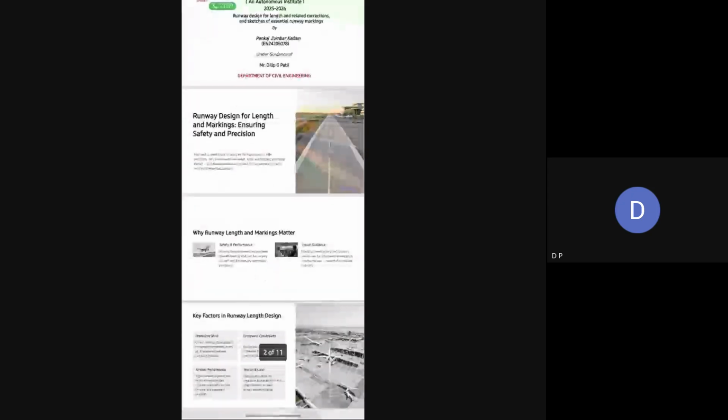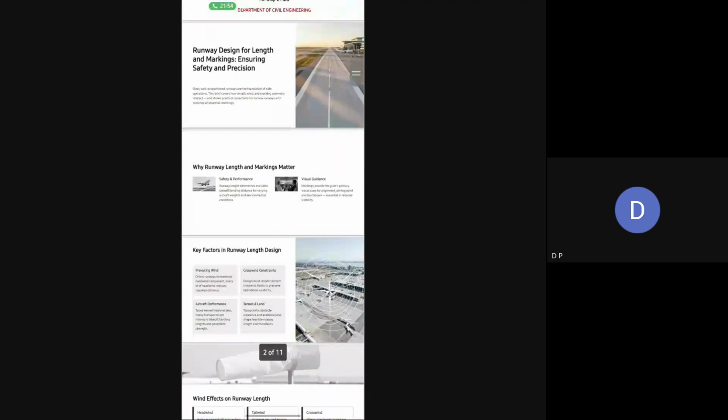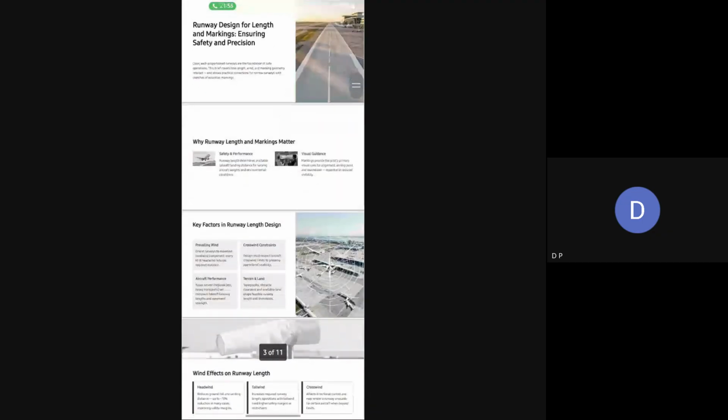Runways are the foundation of safe operation. This slide covers the lane, wind and marking geometry, and shows practical correction for narrow runways with sketches of essential marking.